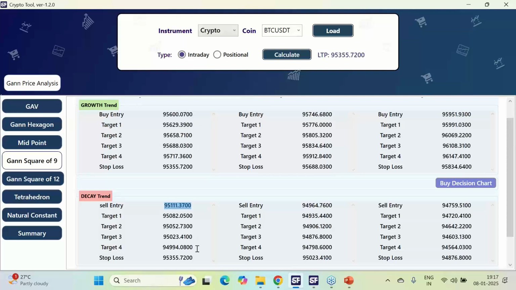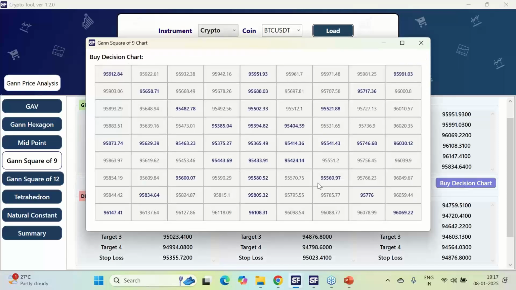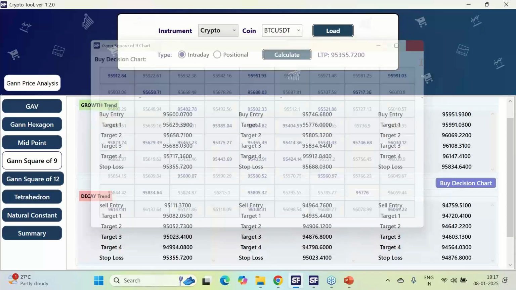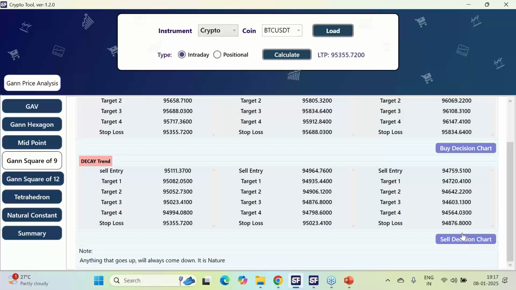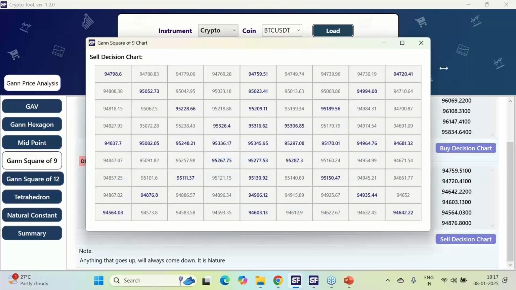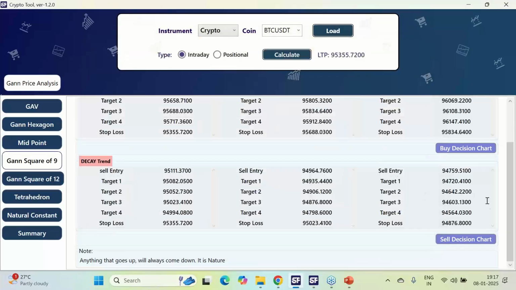So these are the target levels of Bitcoin. 95,355 will be the stop loss for both cases, and these are the targets as per the square of 9 wheel. Similarly, if you want to see the wheel, you can see it. This is how the square of 9 wheel looks like, uptrend. Similarly, downtrend, you can see the wheel here. This is how the wheel looks like.